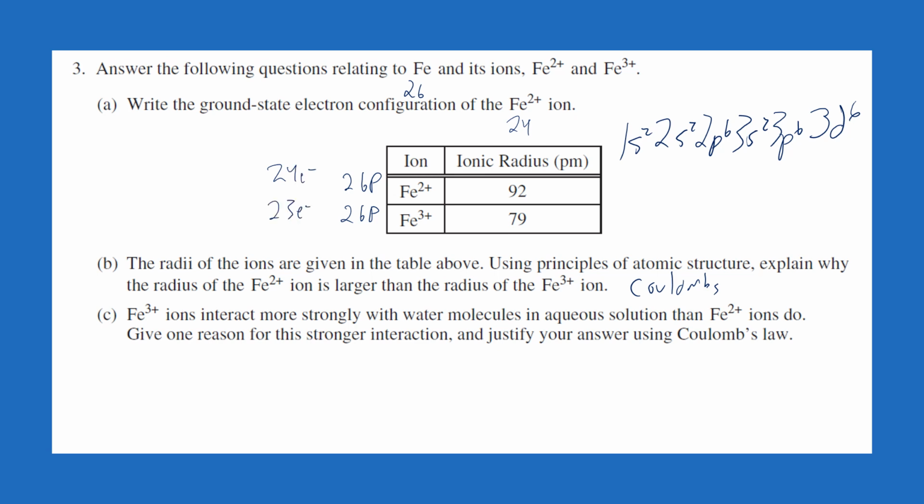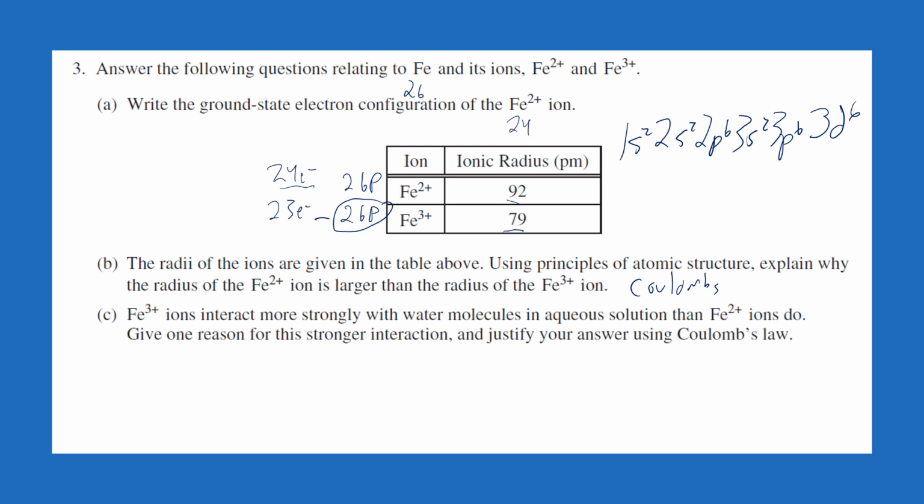So the protons exhibit a greater force of attraction per electron, pulling them in tighter and making that radius smaller, compared to the iron 2+ ion, where each of the electrons has relatively less attraction to those 26 protons, giving it the larger radius.